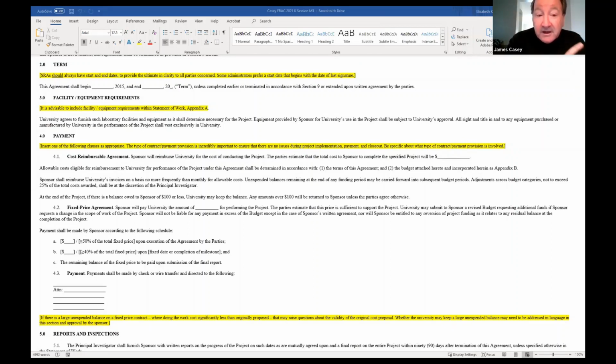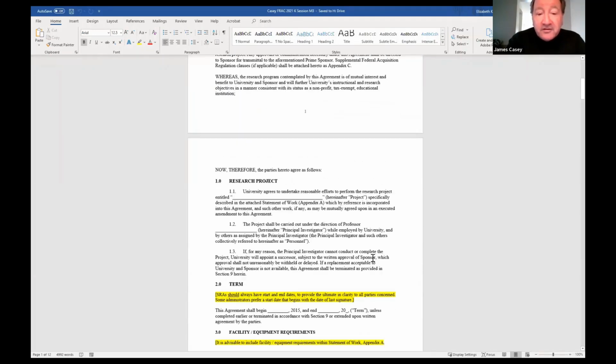But as I said earlier, the statement of work or scope of work should be, if not directly cut and pasted from the proposal, a very accurate summary of what is in the sponsored research proposal. I don't think it's necessary to attach the entire original proposal, but Appendix A needs to be 100% accurate to what the original proposal was all about.